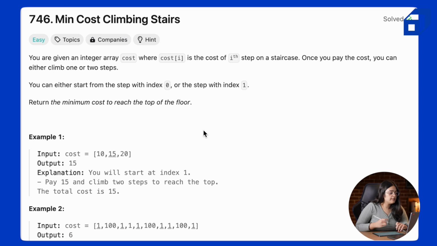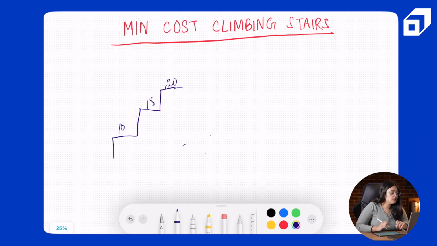Now they say that we can start from the 0th index or the first index. So essentially index 0 is this one. We can either start from this stair or from this stair, and we have to reach the top of the floor. So we have to climb all the stairs and reach here.